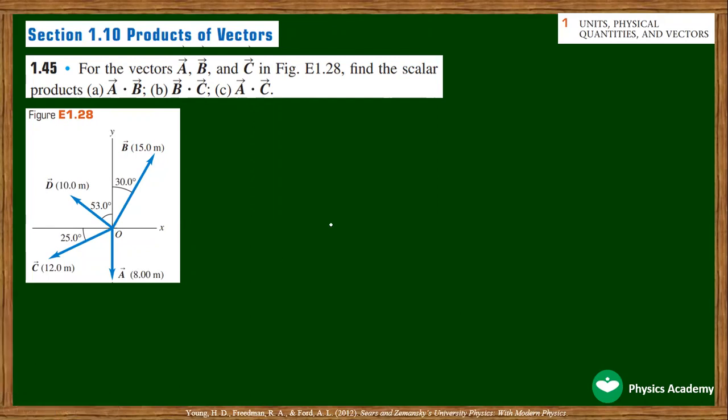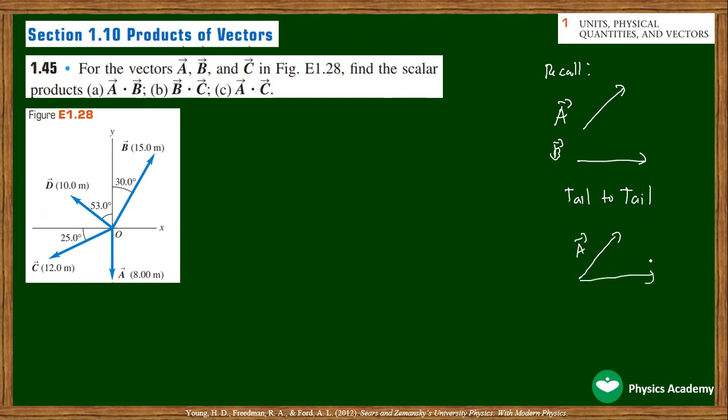Let's answer A first. We must recall that if we have two vectors, for example vector A and vector B, let's put them tail to tail. This is vector A and this is vector B, and they have the angle phi.